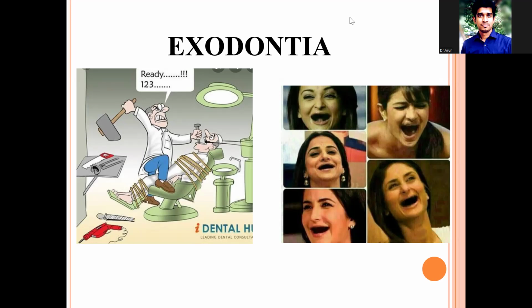One must know the principles of elevators before doing extraction. We have three principles: the lever principle, the wedge principle, and the wheel and axle principle. The lever principle includes the effort arm, which is the handle. Your fulcrum is your alveolar bone, which acts as a bone resistance and helps the tooth to come out.